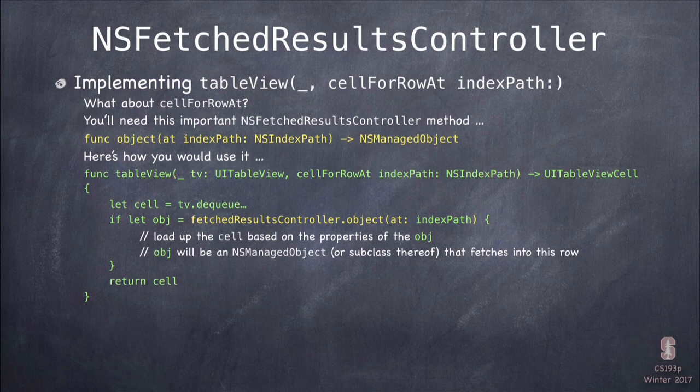So you just say fetchedResultsController, give me the object, and that object is going to be a tweet or a Twitter user or whatever, some entity. Give me the object at the index path that cellForRowAt indexPath is asking me for. So now I have the Twitter user or the tweet, I can easily load up my UI. You know, pass it off to my custom UITableViewCell, or if I have a subtitle cell, just take a couple of things out of there and put them into the text label and the detail text label. You see what I'm saying?